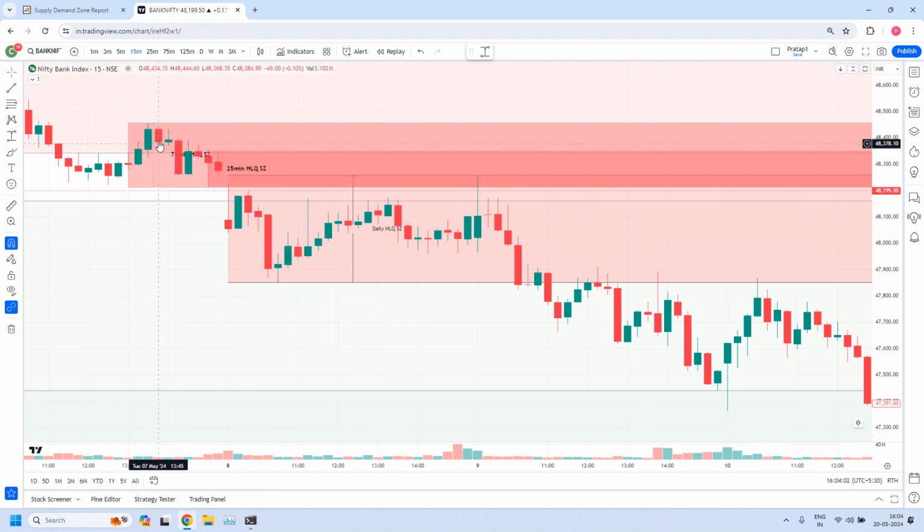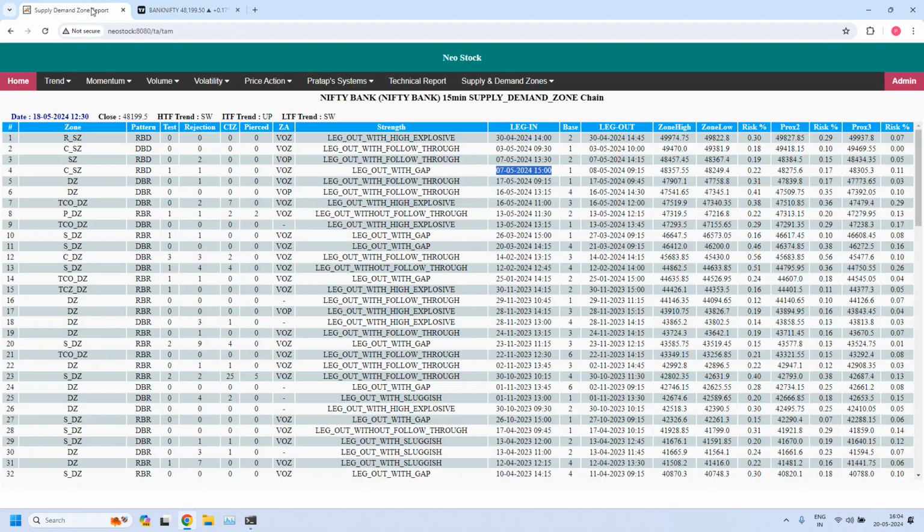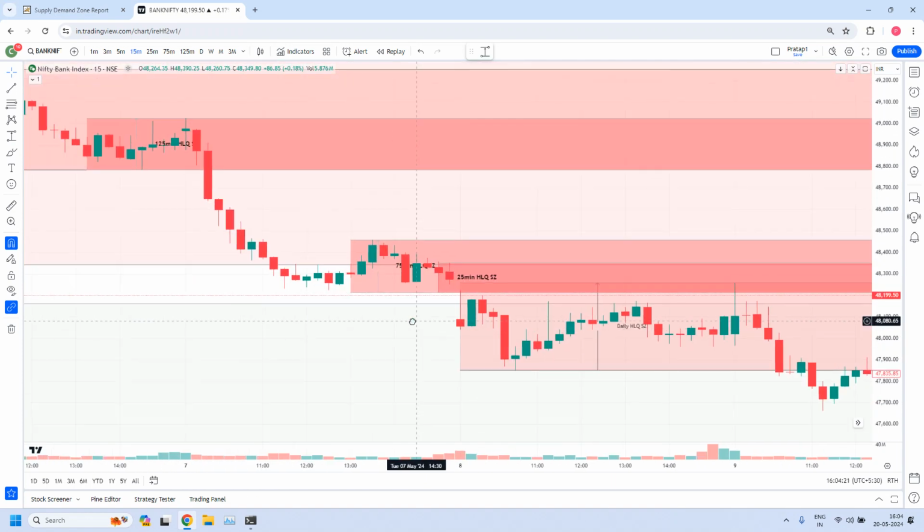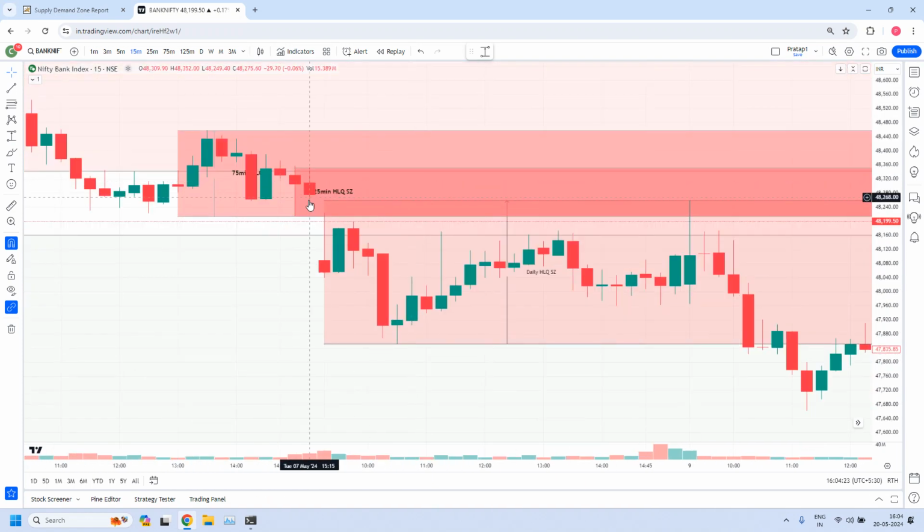No, a little above. 7/5/15, sorry. Okay, here you have a leg in. This is the base and drop. The same as 25 minutes, but this is a more fine-tuned way.